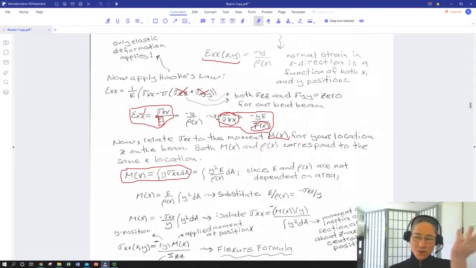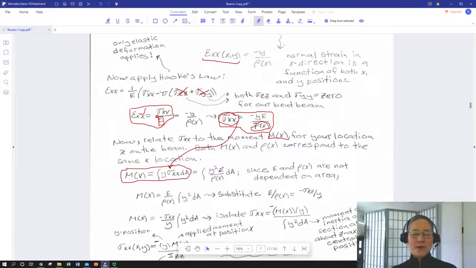In fact, the further we get from the neutral axis, the bigger sigma xx is. So we can drop this expression for sigma xx into our integral for moment. Instead of integrating some unknown expression for sigma xx, now we have a known expression. We're going to integrate y times negative y times the tensile modulus divided by the radius of curvature.